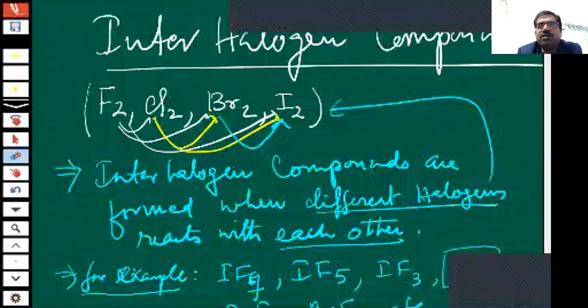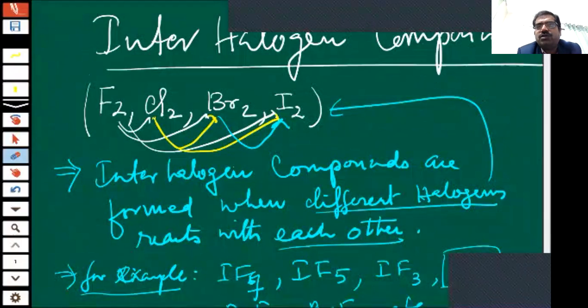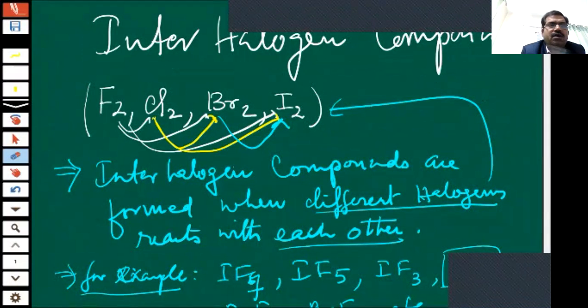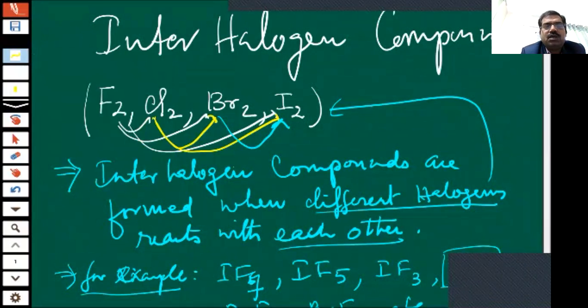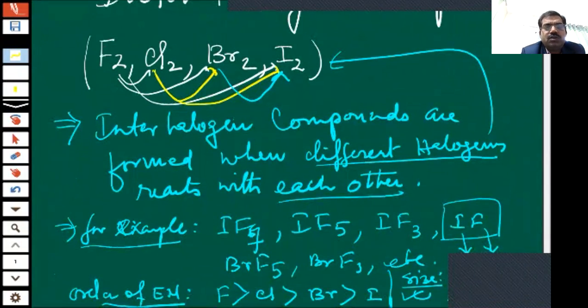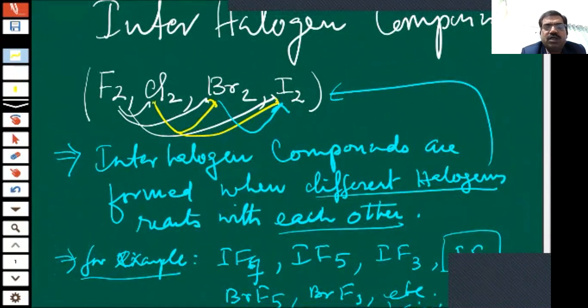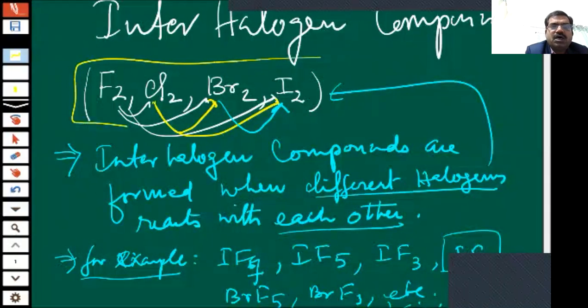Today we are going to discuss interhalogen compounds. So what are interhalogen compounds, children? These are compounds formed when different halogens react with each other.